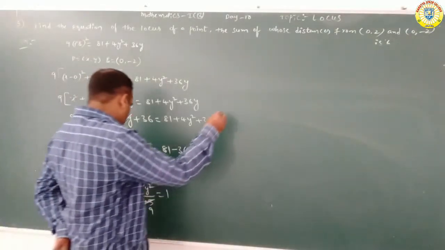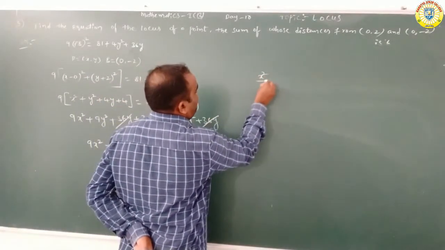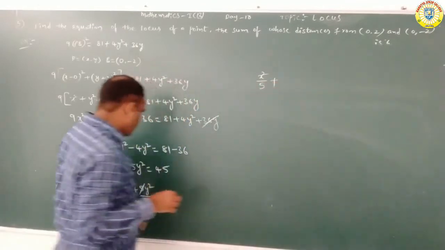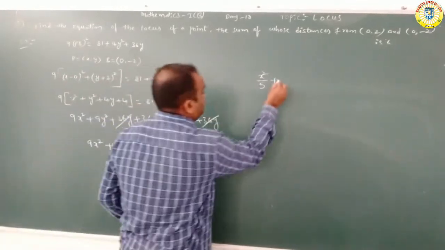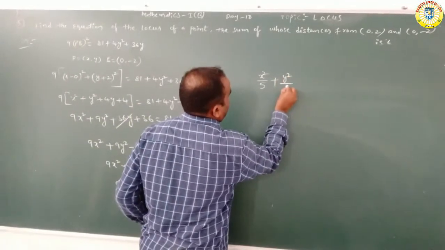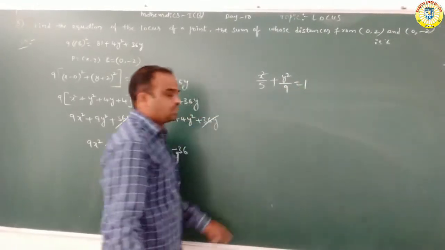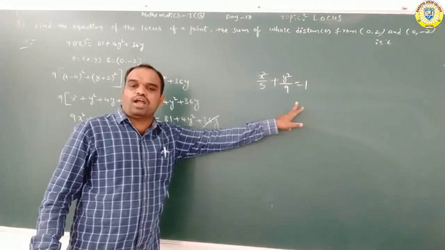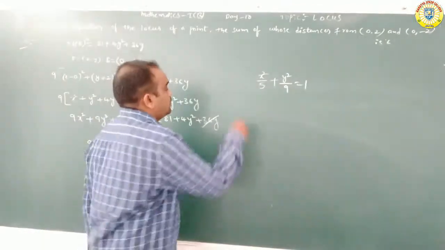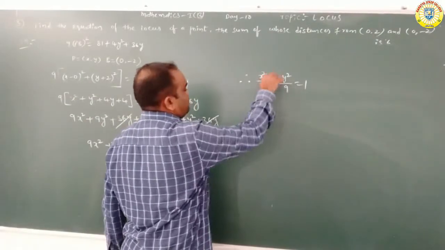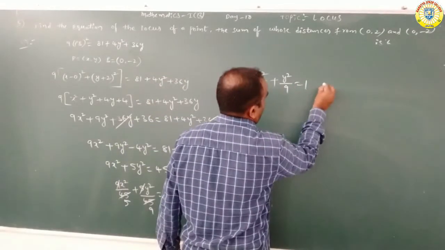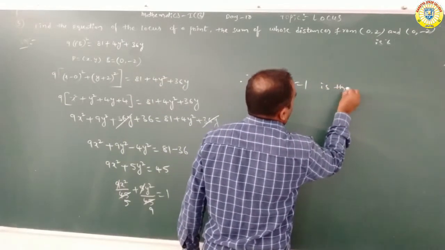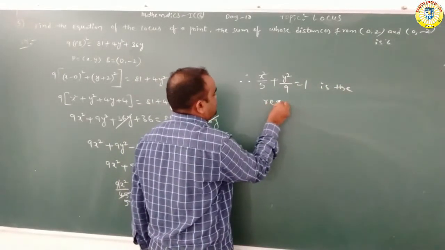See here, x square by 5 plus y square by 9 is equal to 1. Therefore x square by 5 plus y square by 9 is equal to 1 is the required locus.